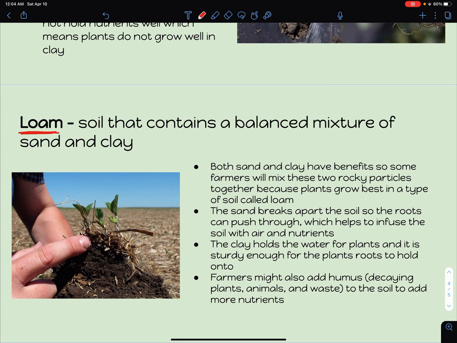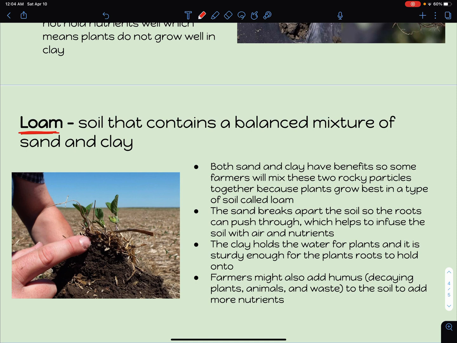So some farmers will actually mix these two rocky particles together because plants will grow best in a type of soil called loam. When these two substances are mixed together, the sand will break apart the soil so the roots can push through, which helps to infuse the soil with air and nutrients.